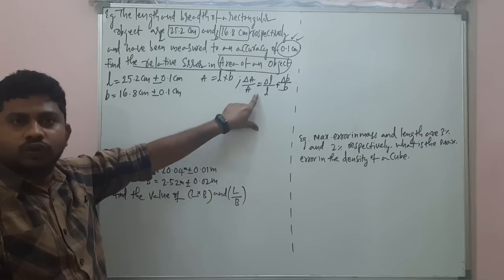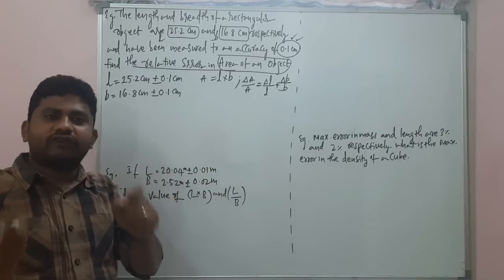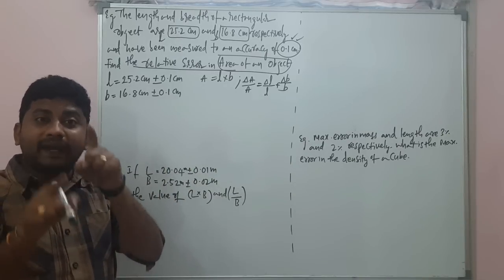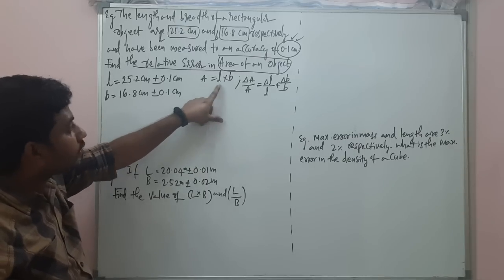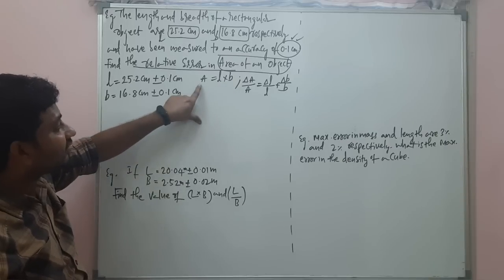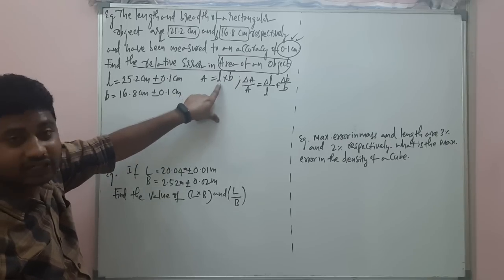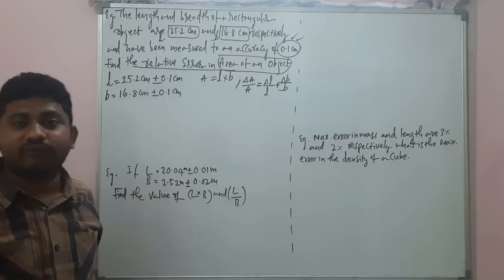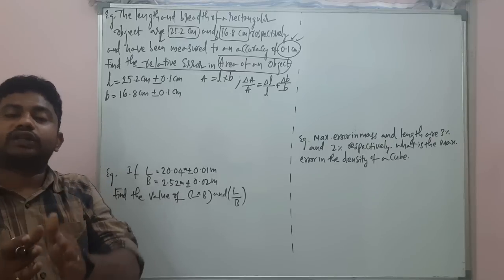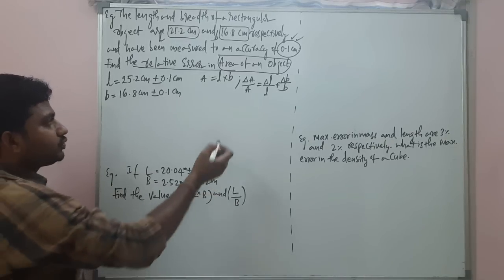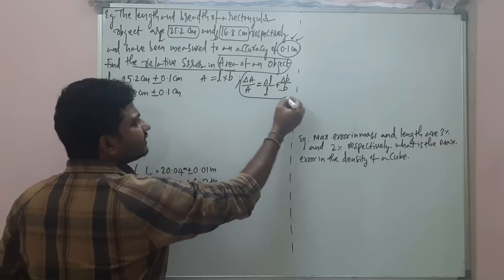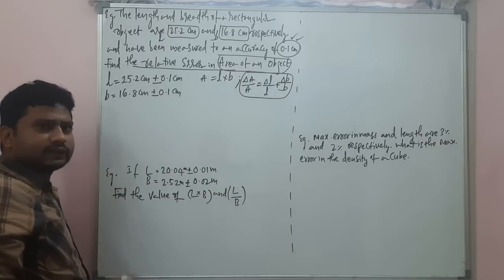We know the propagation of errors concept. When you are multiplying two physical quantities, Z is equal to A into B, its relative error will be equal to the sum of the relative errors of A and B. You can have a look at your previous topics and you will understand better. So this is our aim. They are just asking us to find the relative error.